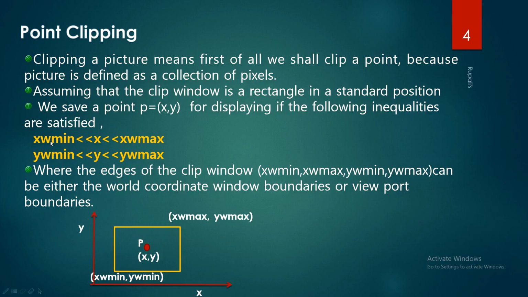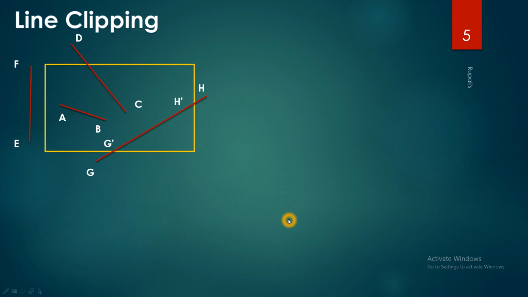So the condition is xw min is less than or equal to x, which is less than or equal to xw max. Also y is greater than yw min and less than yw max, where the edges of the clip window xw min, yw min, xw max, yw max can be either world coordinate window boundaries or viewport boundaries.